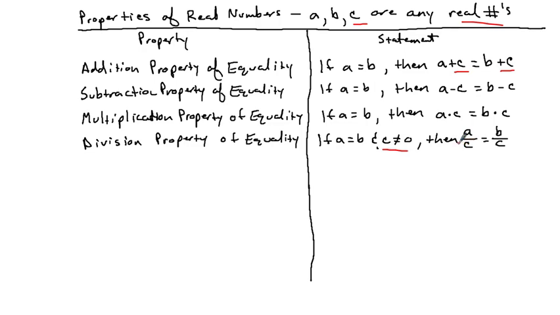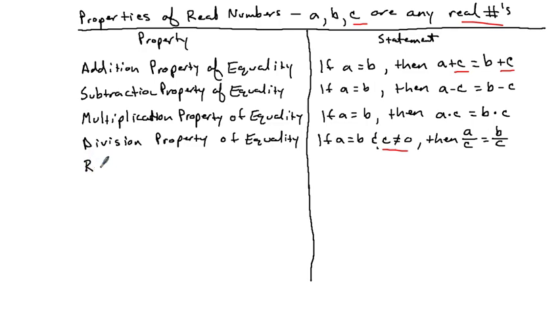So this is part of learning about proofs and logic, is we're accounting for everything here. So when we said A divided by C equals B divided by C, well, if we put a 0 on the bottom there, those aren't true statements because you can't divide by 0. And so you'll see as we go, we'll start to have little things like this thrown into our problems and into our statements. They typically don't mean anything that you need to worry about right now. Just be aware that they're there, and when you get a little higher up in math, you'll start to pay more attention to them.